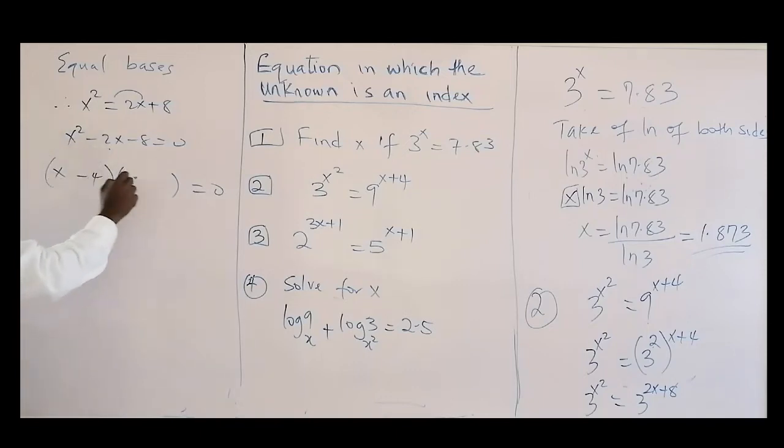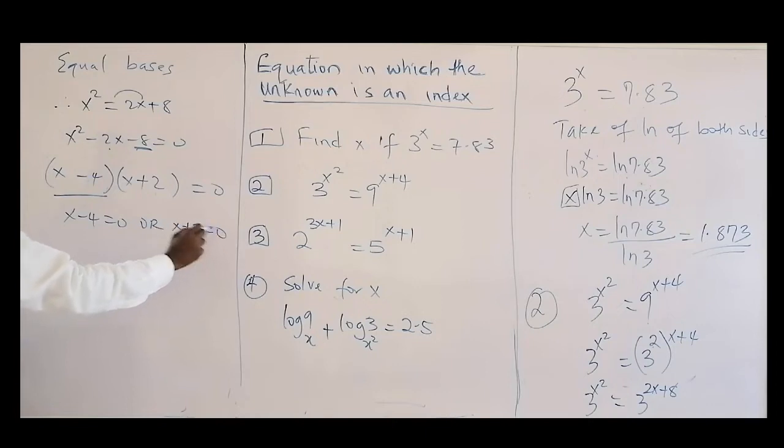So that's minus 4 plus 2. And when you multiply minus 4 by plus 2, you have back your minus 8. So x minus 4 equal to 0, or x plus 2 equal to 0. So we have x is equal to 4, or x equal to minus 2. So that's that on question 2.